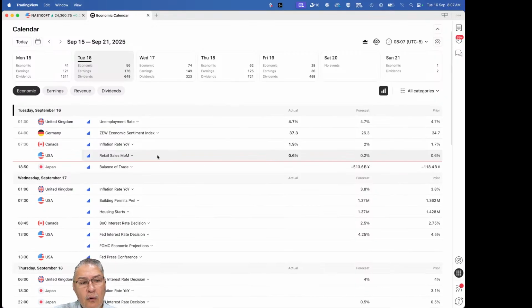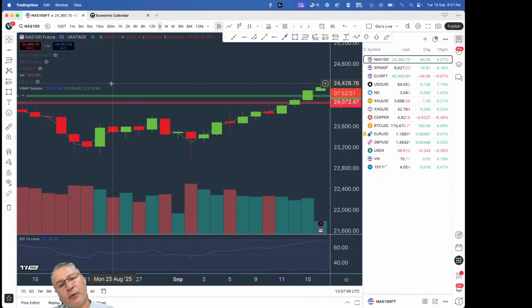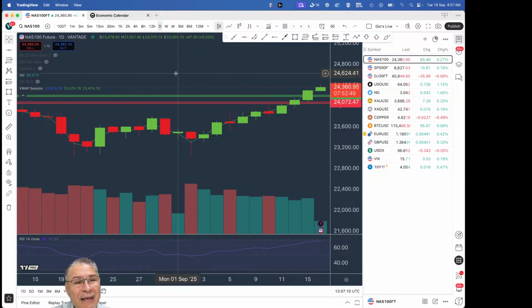And tomorrow is going to be that big day of receiving the Fed rate, that interest rate cut that is imminent. Basically, that's why we're seeing the indices making all new all-time highs.